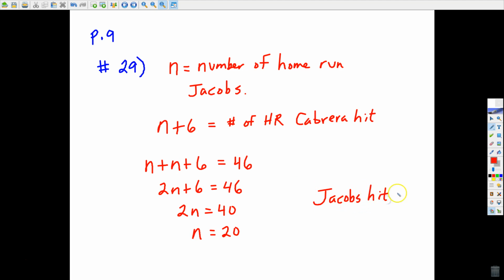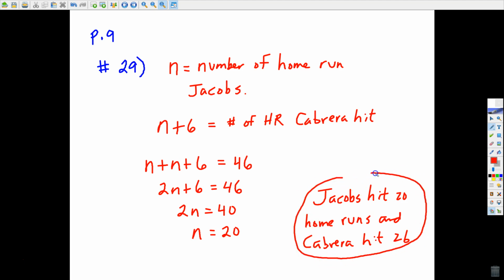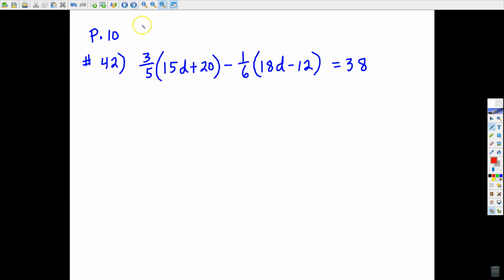Jacobs hit 20 home runs, and Cabrera, since he hit 6 more, hit 26. Okay, and that will be it. So good little problem in training us to take English words and convert them into algebraic expressions and equations.